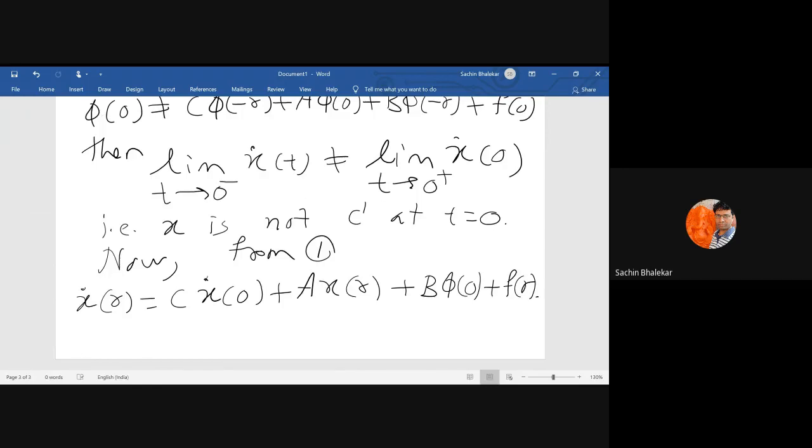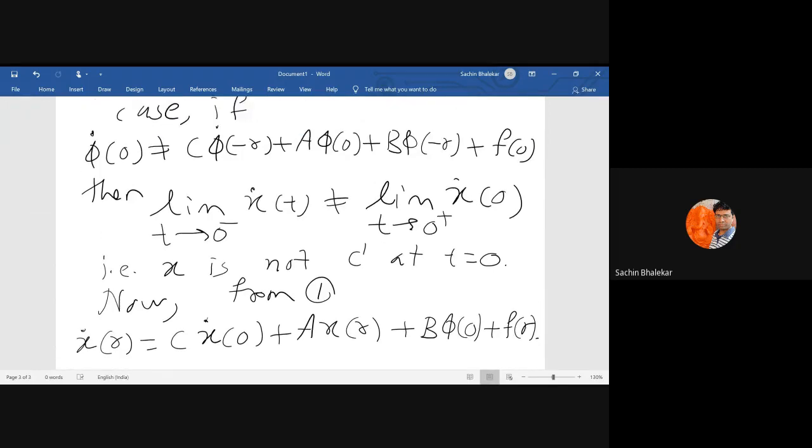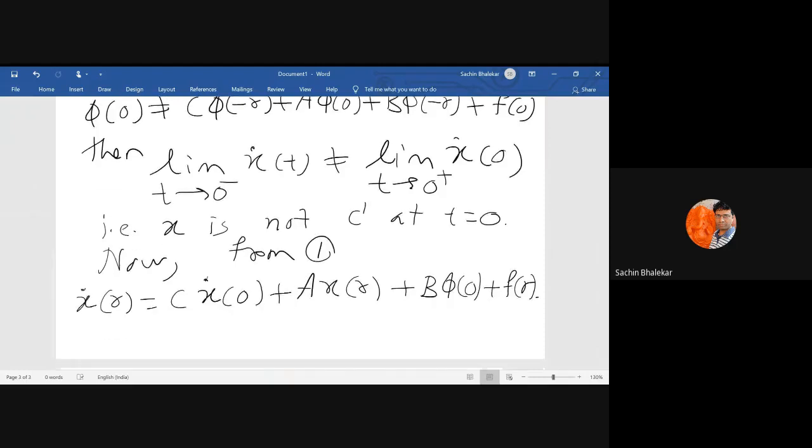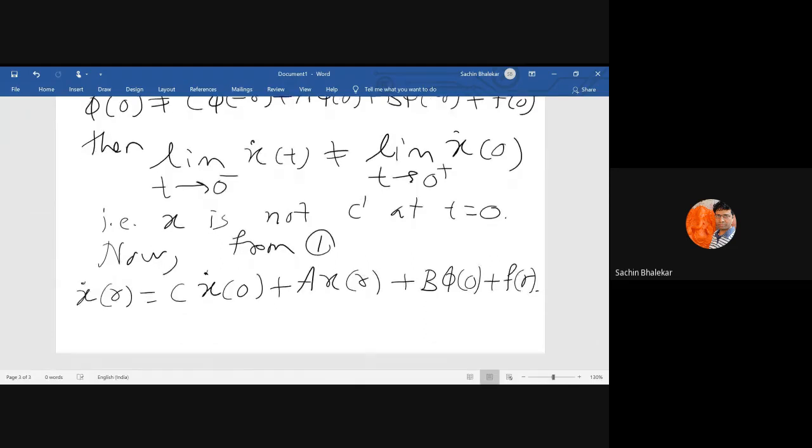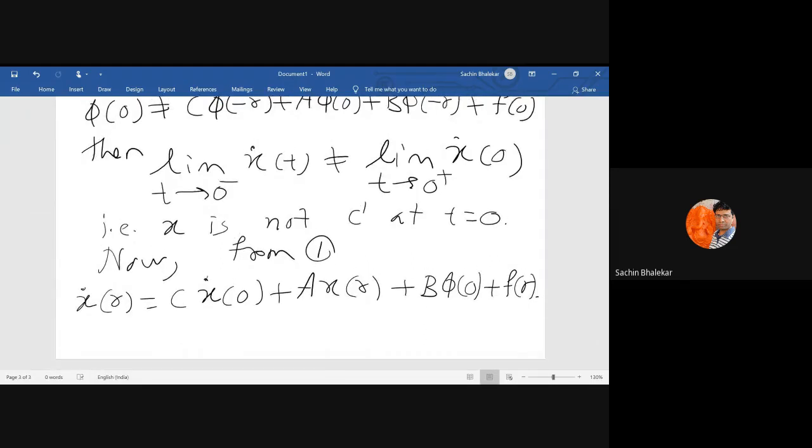Now we have seen that x dot is not continuous at t equal to 0. Okay, so here x dot of 0 means x dot of t at t equal to 0. This is not a continuous function. So we can say that if this quantity is not continuous at t equal to 0, then this cannot be continuous at r. Means x dot is not continuous at r.